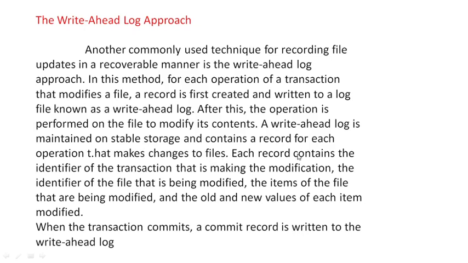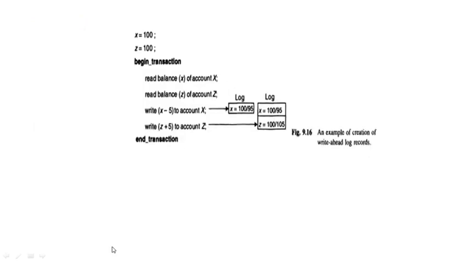Each record contains the identifier of the transaction which is going to make the modifications, and the old values and new values of each item modified are also noted in the write ahead log file. When the transaction commits, a commit record is written to the write ahead log.